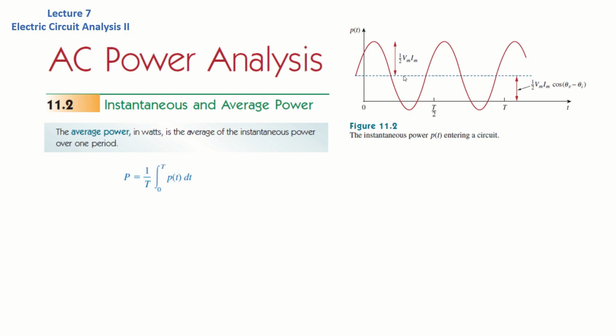As I've already discussed, if you measure power at this point, the value will be negative, and it will be different from the power at this point in time. If you measure power here, it will be positive, and a different value altogether. So instantaneous power is not a conclusive way of describing the power delivered by the source to the circuit.